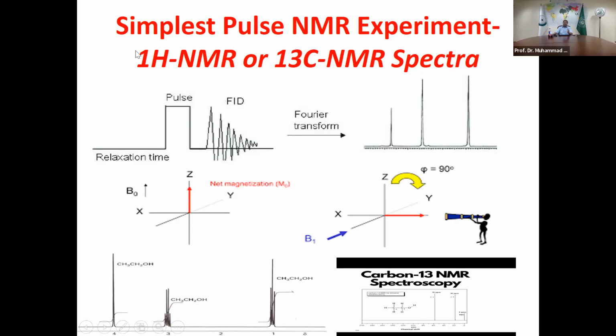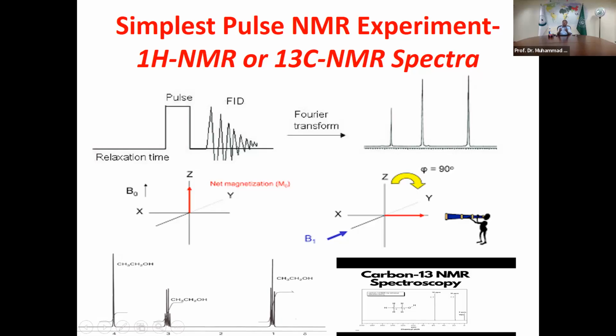And it can be any simple NMR. For instance, Dr. Atia said 16 to 32 scans. You get a proton NMR spectrum. If you are interested in C13, you get a C13 spectrum.